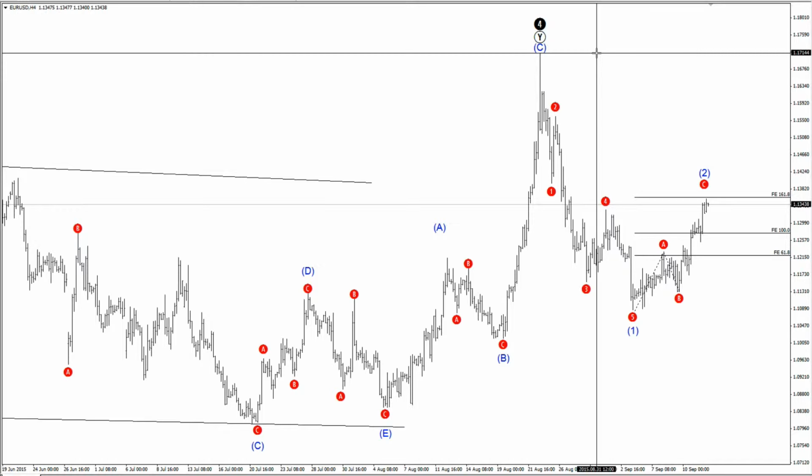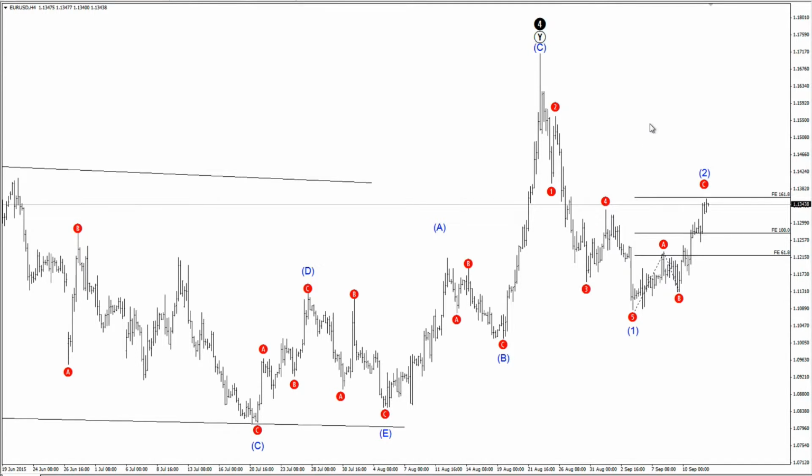The first wave started from 117.14 and reached all the way to 110.8, so 630 pips approximately. So a good trading opportunity here, but be patient and look for a good entry point for this trade.